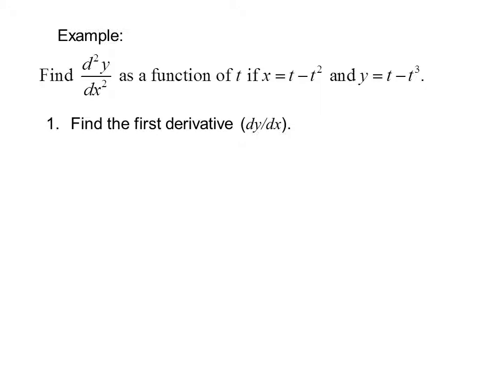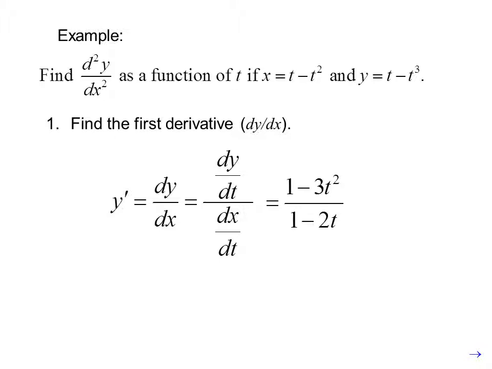Find the first derivative, dy/dx. y prime equals dy/dx equals dy/dt over dx/dt, which is 1 minus 3t squared over 1 minus 2t.